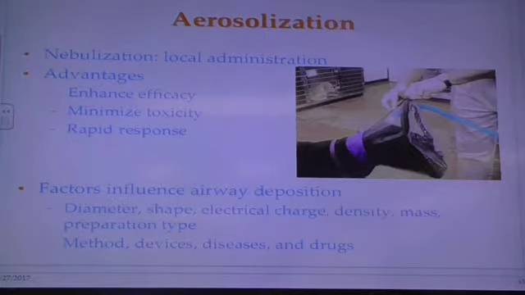For example, if the nebulizer creates a larger droplet diameter, it will have an effect only on the larynx and cannot go to the bronchi. But a smaller droplet diameter can go further into the respiratory tract. Okay.